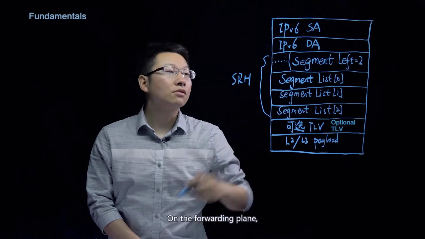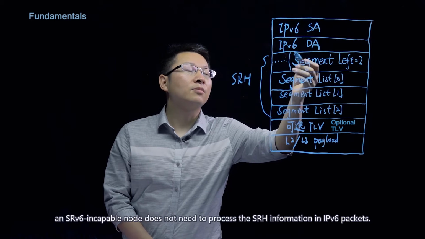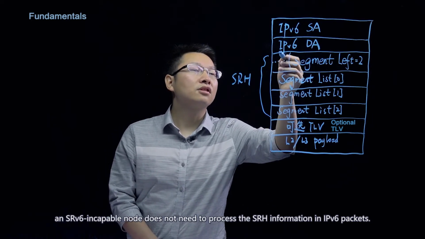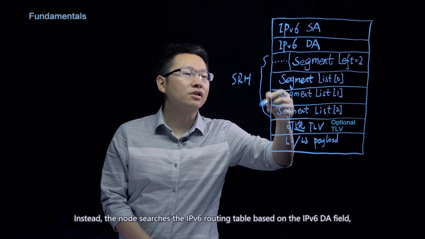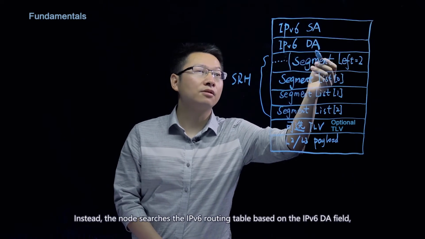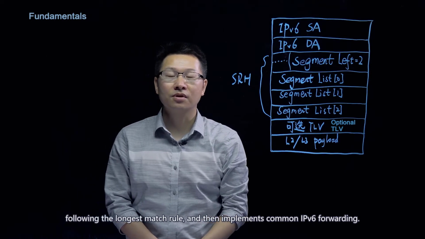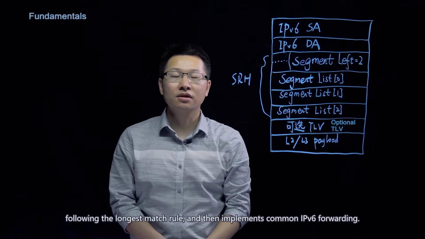On the forwarding plane, an SRv6 incapable node does not need to process the SRH information in IPv6 packets. Instead, the node searches the IPv6 routing table based on the IPv6 DA field, following the longest match rule, and then implements common IPv6 forwarding.